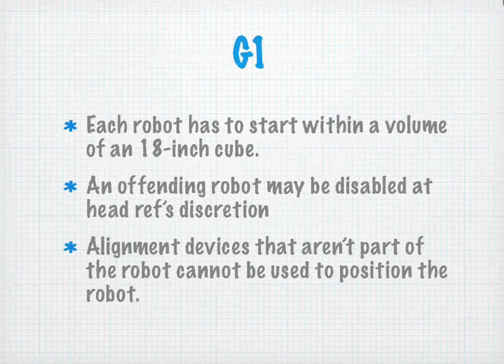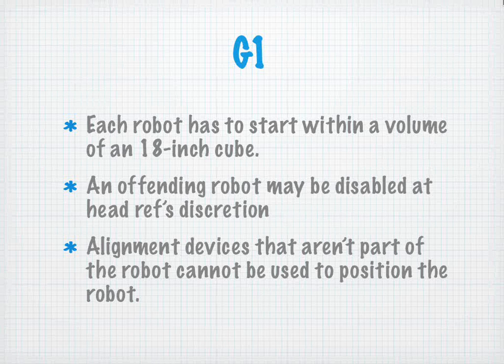So then Rule G1 says that each robot has to start within the volume of an 18-inch cube, so they can't have any of their arms sticking out before the match starts. If a robot violates that, they may be disabled at the head ref's discretion. And also, any sort of alignment devices that aren't part of the robot can't be used to position the robot.